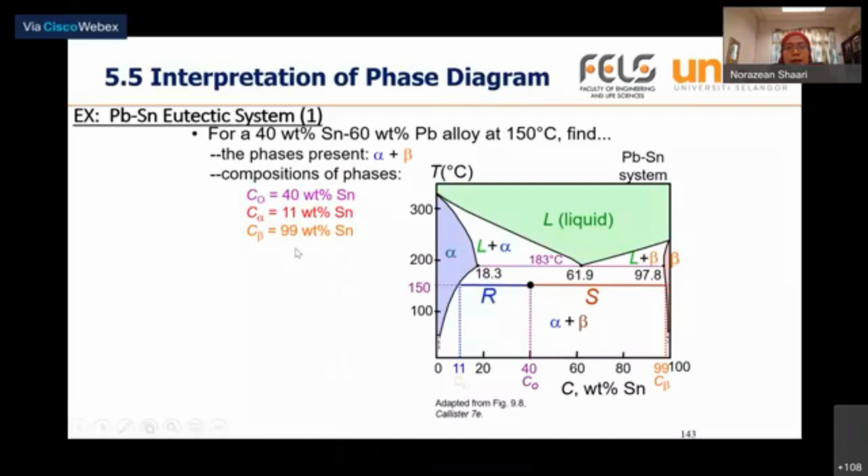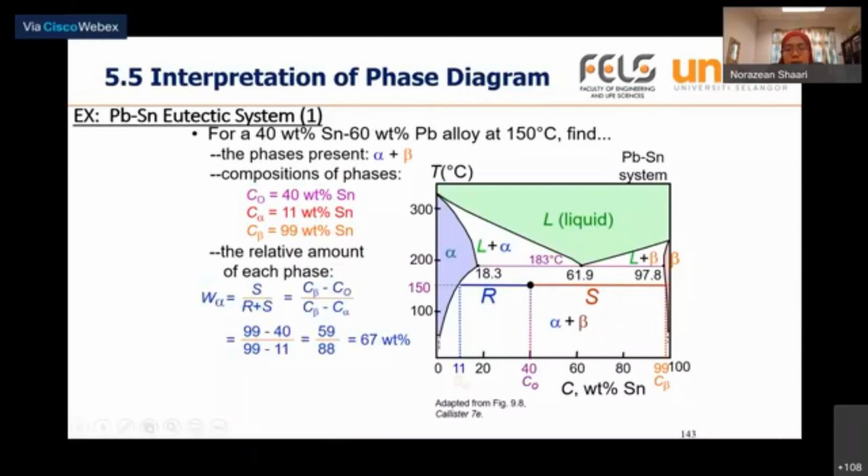Okay, then daripada composition, sama juga kita boleh calculate amount of phases. Okay, amount of phases. So kalau kita nak cari because this is alpha, right? Kalau kita nak cari amount of alpha, so kita akan ambil nilai yang opposite. Selalu saya beritahu student saya, kita akan ambil nilai yang opposite, which is kita akan ambil amount dekat S ni, C beta minus C naught, bahagi dengan total.